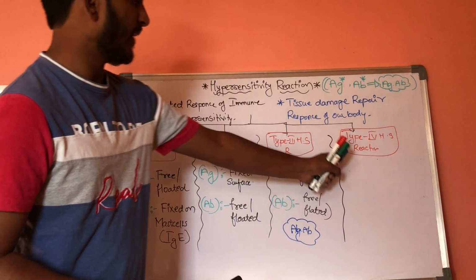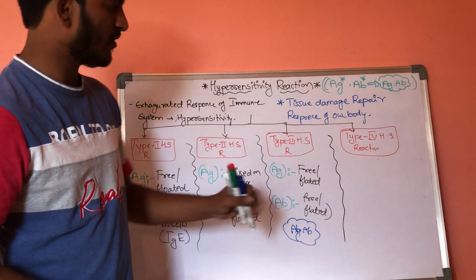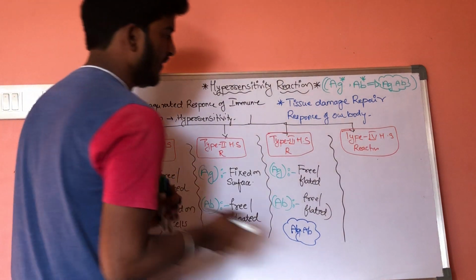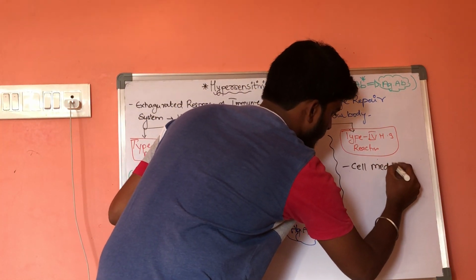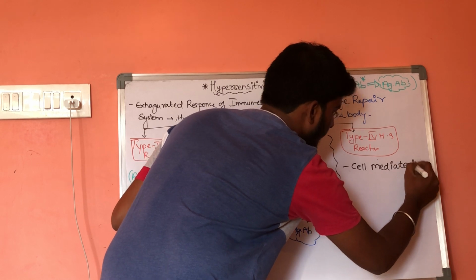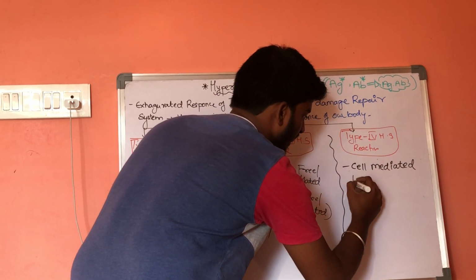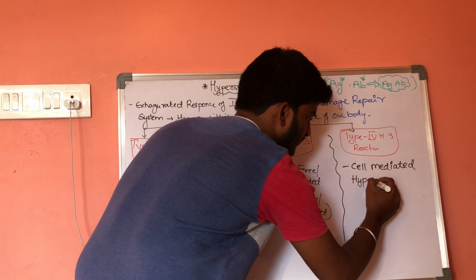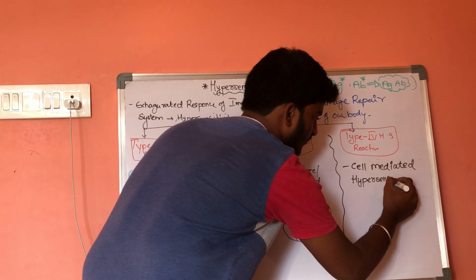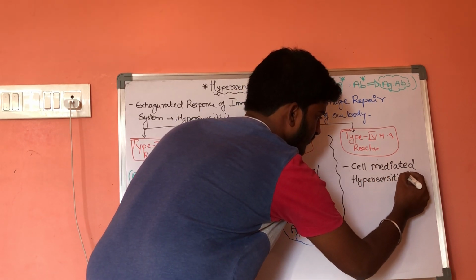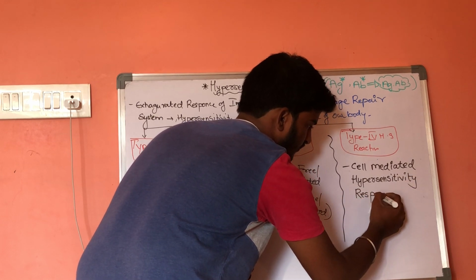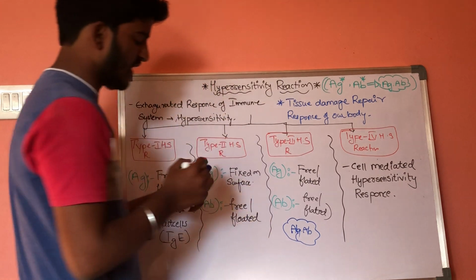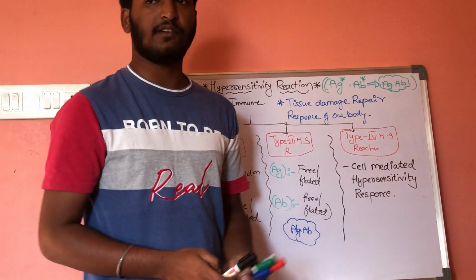Type 4 hypersensitivity reaction is based on cell mediated immunity. This is a cell mediated hypersensitivity response of our body.